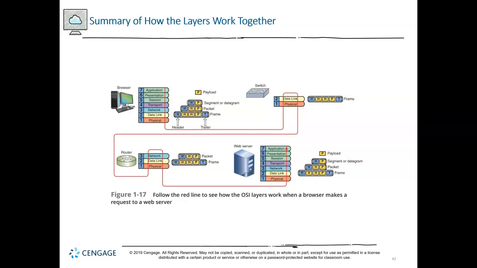On the far right is the idea where I start with my payload, and then it becomes a segment. Then I take that piece, and it becomes the payload for the next layer, and we put another header on it. Then the packet becomes the payload for the frame, and we put a header and a trailer on it.